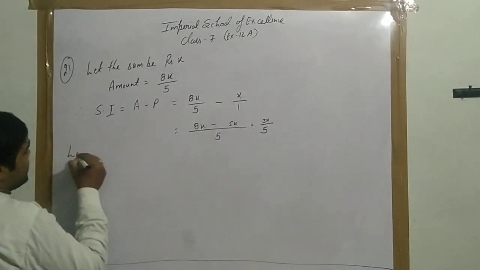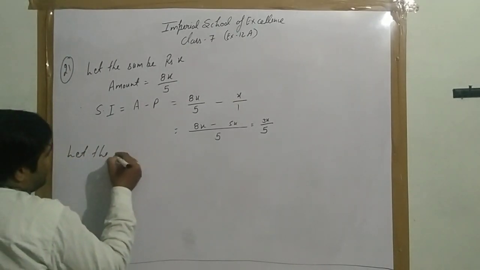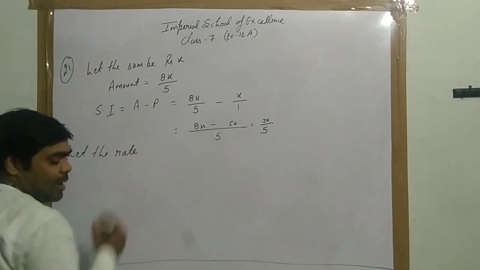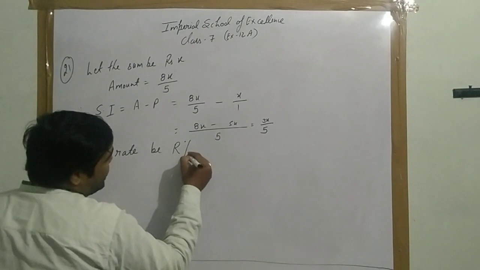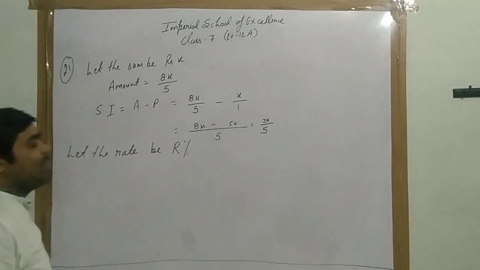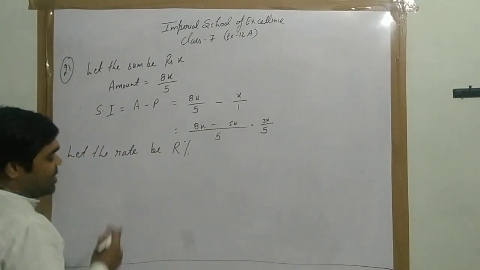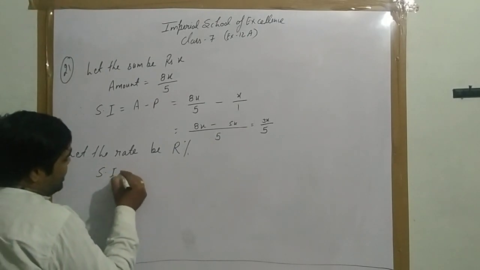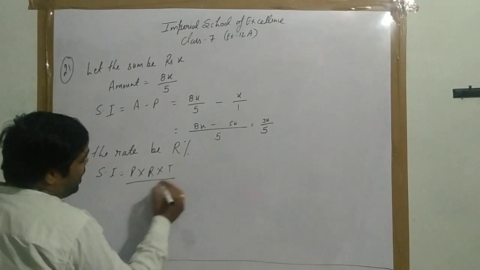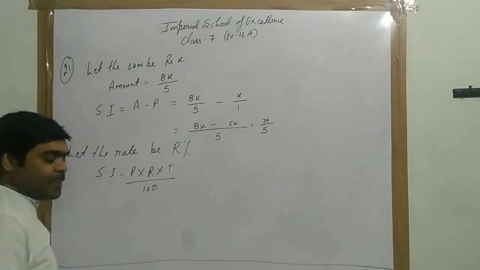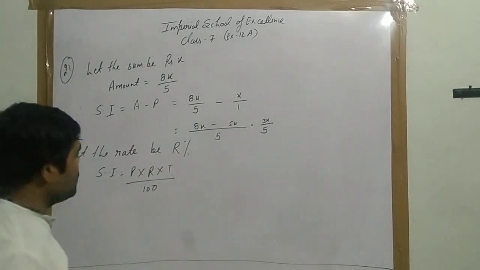So let the rate be R percent, capital R and after that percent. So SI equals principal into rate into time upon 100, that is SI equals P into R into T upon 100.